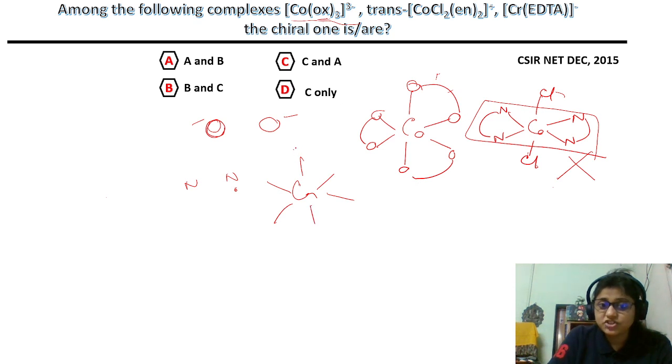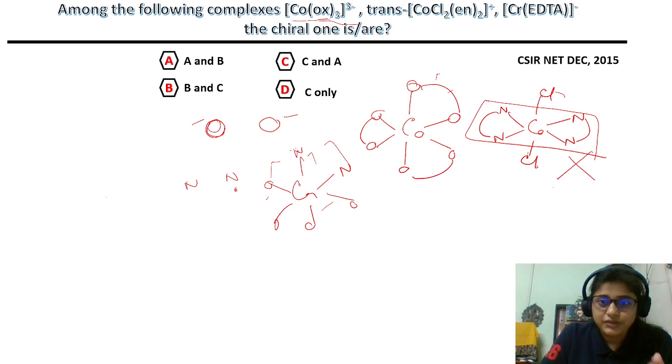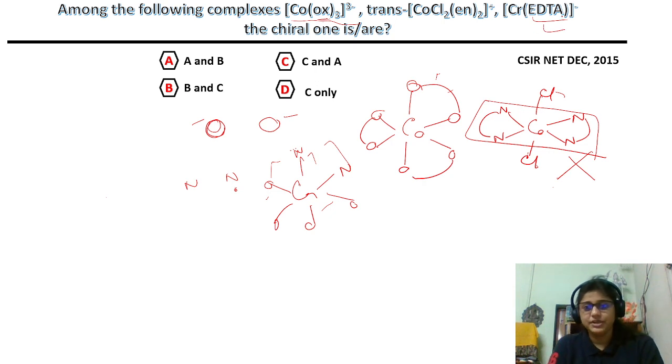So in this big structure, a molecular plane is not possible, right? Nitrogen, nitrogen, here oxygen, oxygen, acetic acid bonds are there. So various branches in 3D will be there. So there is no possibility of having a molecular plane. So this is obviously an optically active molecule.